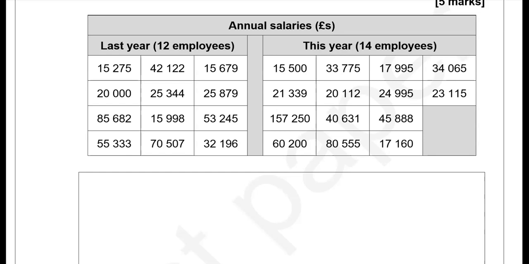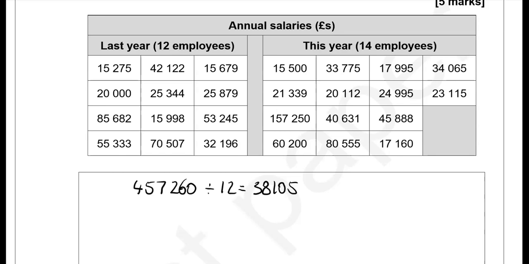Adding last year's amounts, we get 457,260. Divide that by 12, and it gives us 38,105.